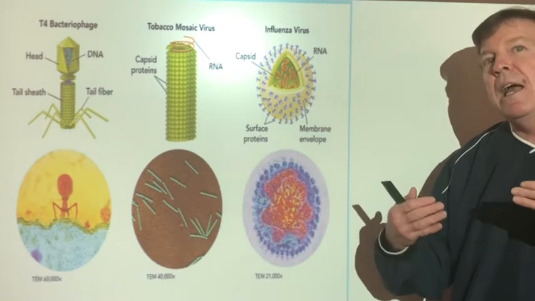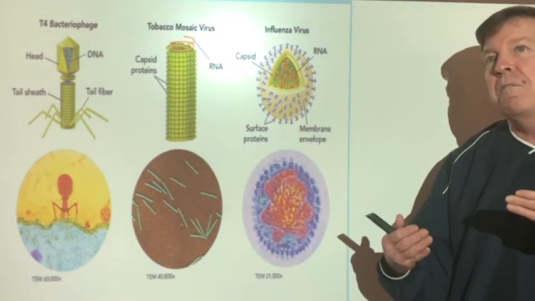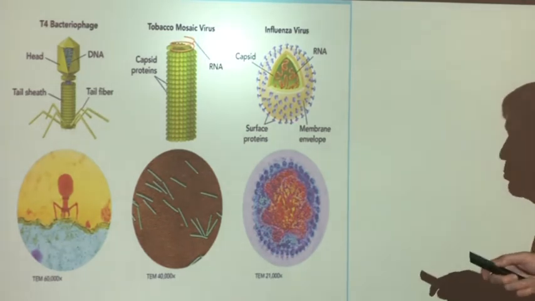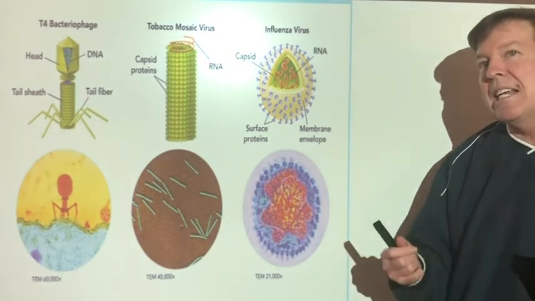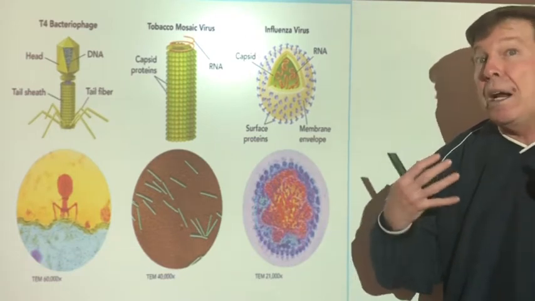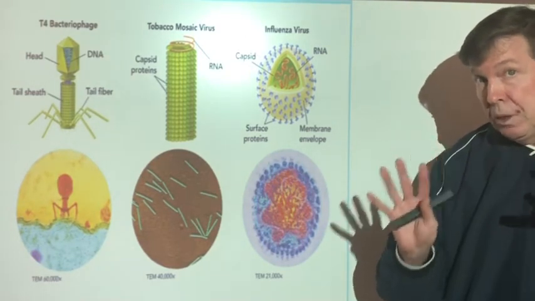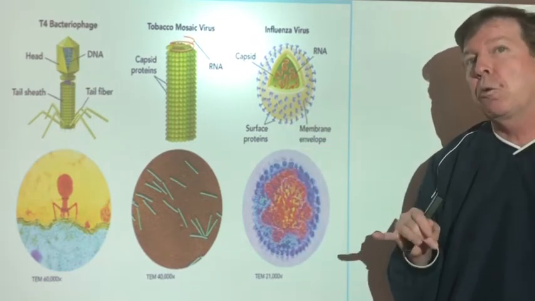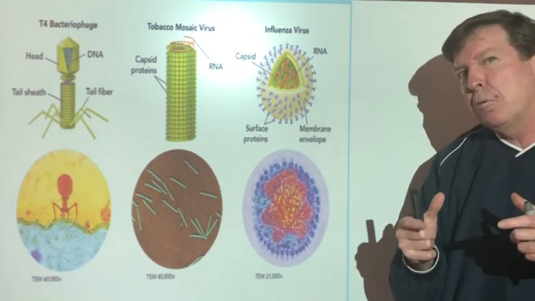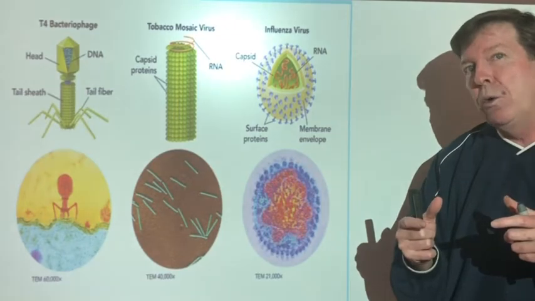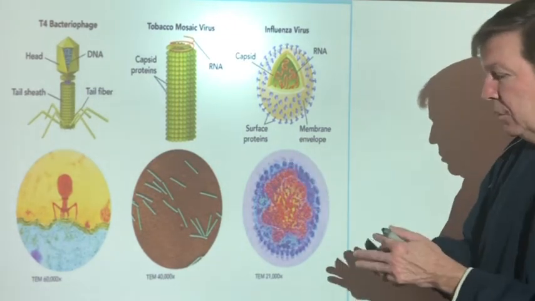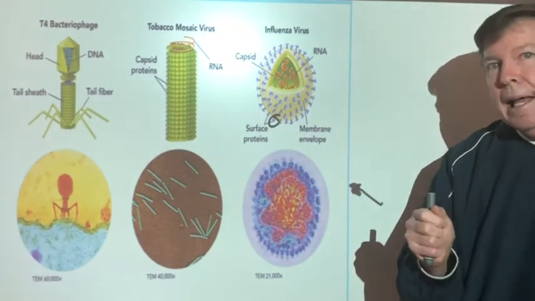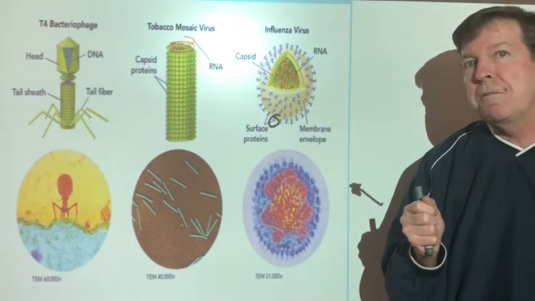You almost have a lock and key sort of fit, where the virus has these surface proteins which are acting as the key, and then the respiratory cells, whether it's the flu virus or the coronavirus, have specific receptors on the membrane which these proteins can attach to. Again, a lock and key sort of fit.